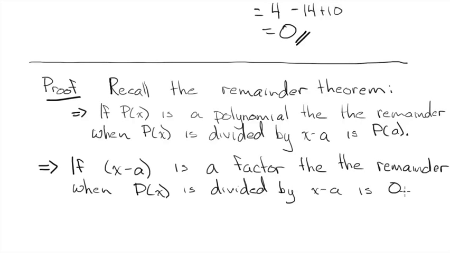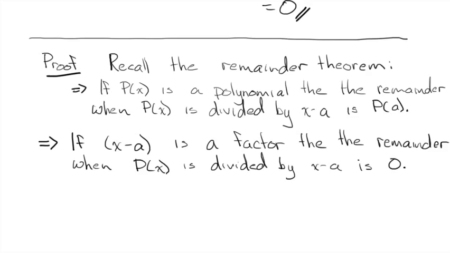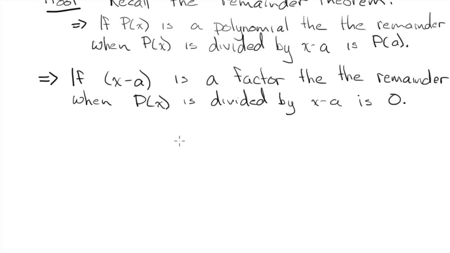And that should be obvious if you understand what a factor means. A factor means that p at x would be equal to x minus a times some other terms, and we'll just say q at x.